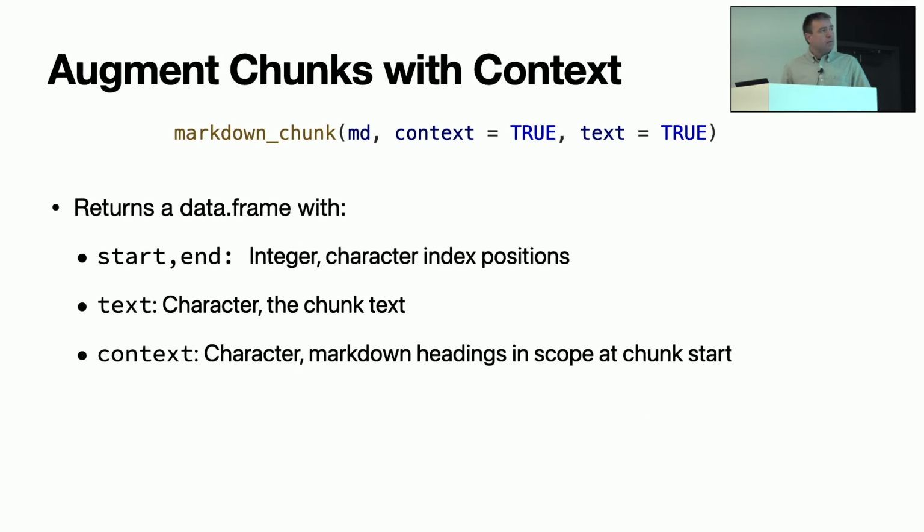Markdown chunk returns a data frame of start and end positions as integers. It returns the text. And then it has one other trick. It generates a context column. So for every chunk, it also assembles all the markdown headings that are in scope for that chunk position. That really helps situate that excerpt for the LLM.